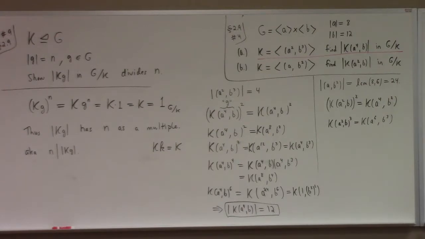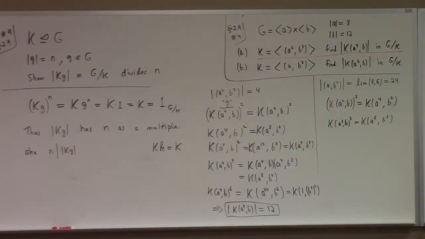A, b to the 6th, A squared, b to the 8th, A cubed, b to the 10th. So are we sure that those are not in K? Well, b can never be odd, though. The power of b can never be odd.